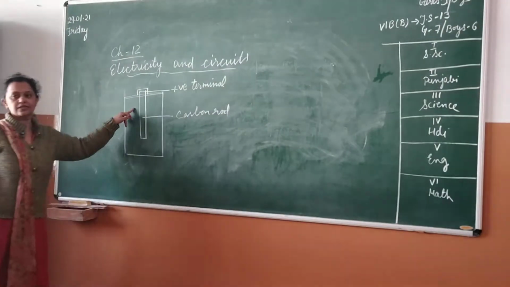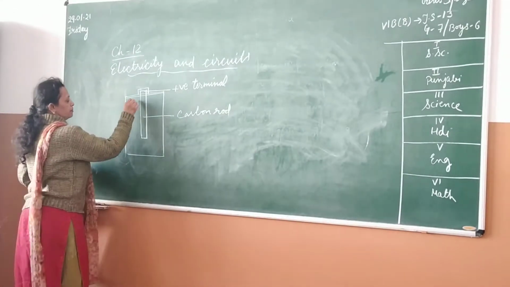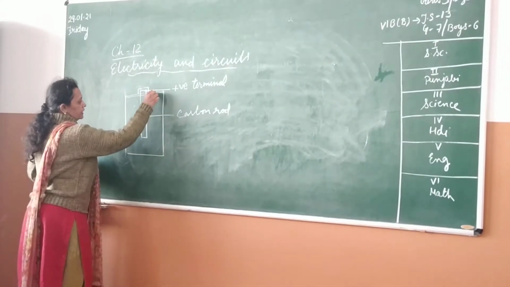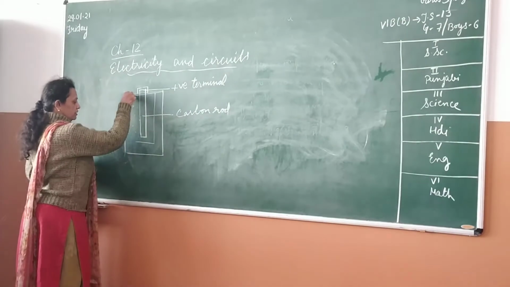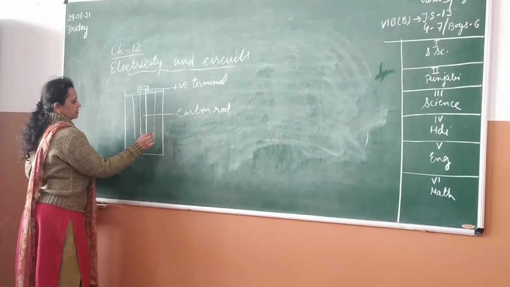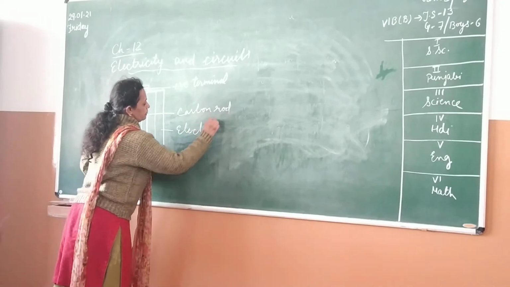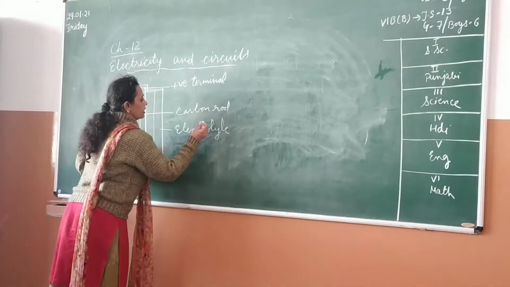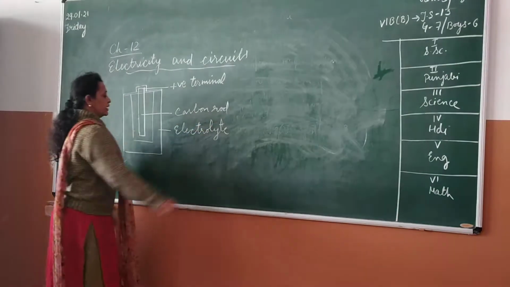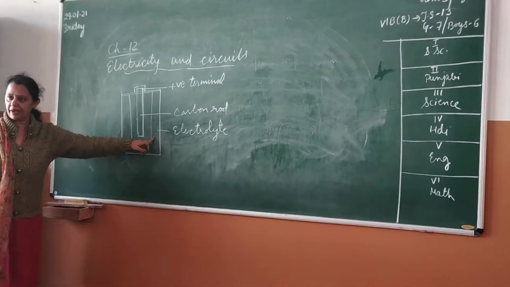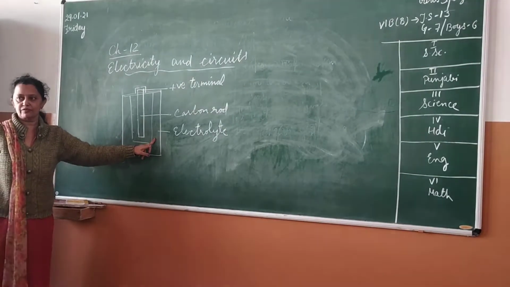The carbon rod is surrounded by a material that is the electrolyte. This is the electrolyte, and it is made up of ammonium chloride paste. You need not write the name of the chemical.